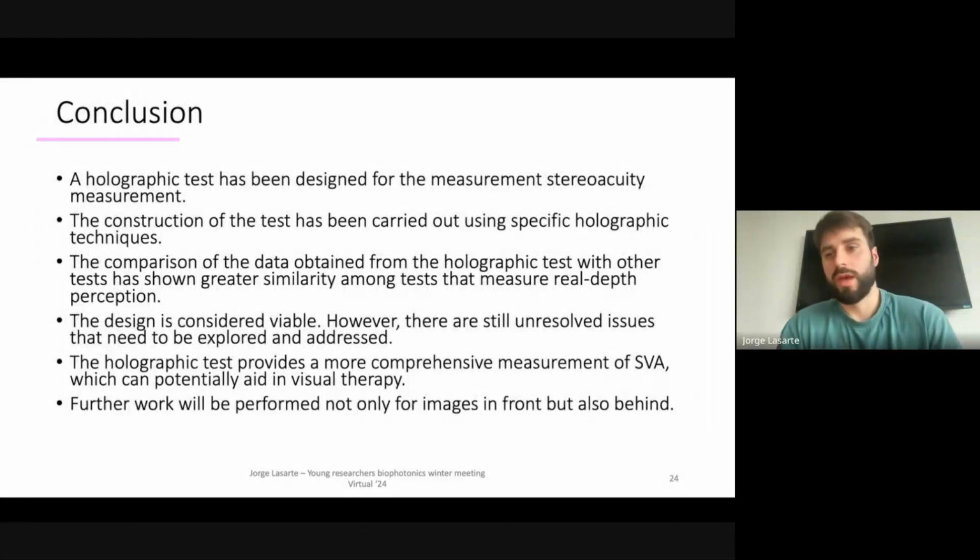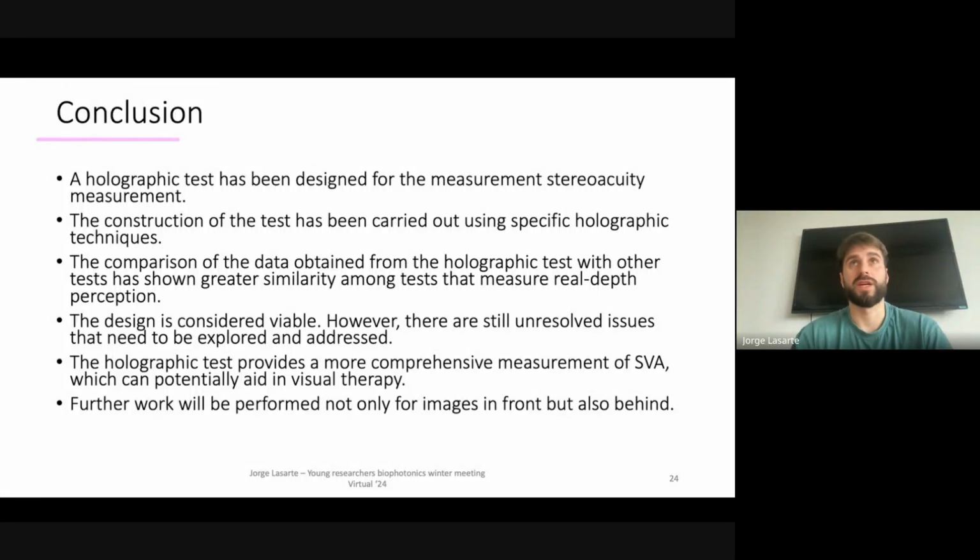So in conclusion, we would argue that we managed to prove that developing a holographic test in order to measure, and possibly use for therapy, vision is possible by using holography, and that the comparison between the other tests proves that they all have limitations.